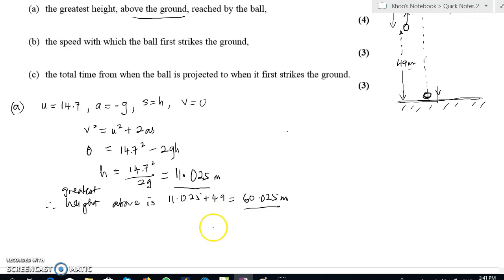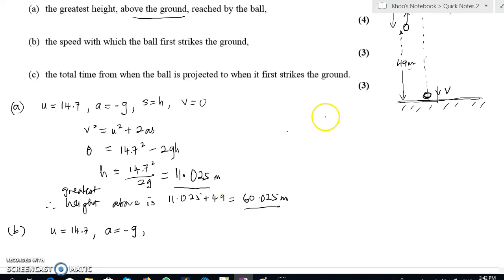Okay, the next part is pretty simple because you are asked to find the velocity when it hits the ground, which is over here. So if you look at the information given, we have the initial speed, we have the initial acceleration. Even though it's coming down, it doesn't really matter because the equation of motion is basically a vector equation, so we will take into account the direction.